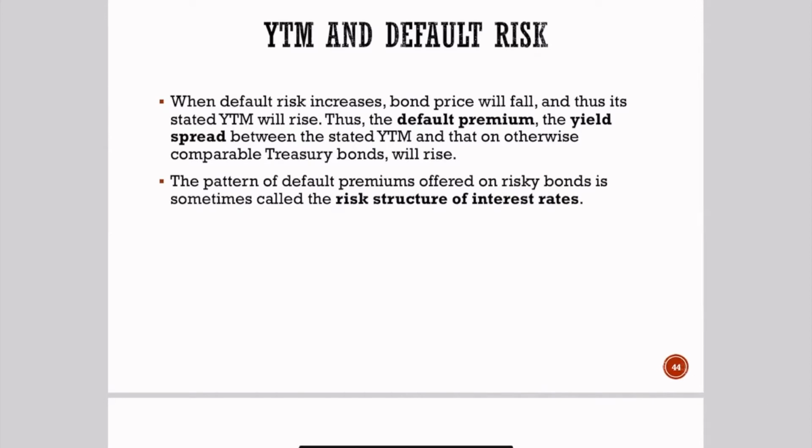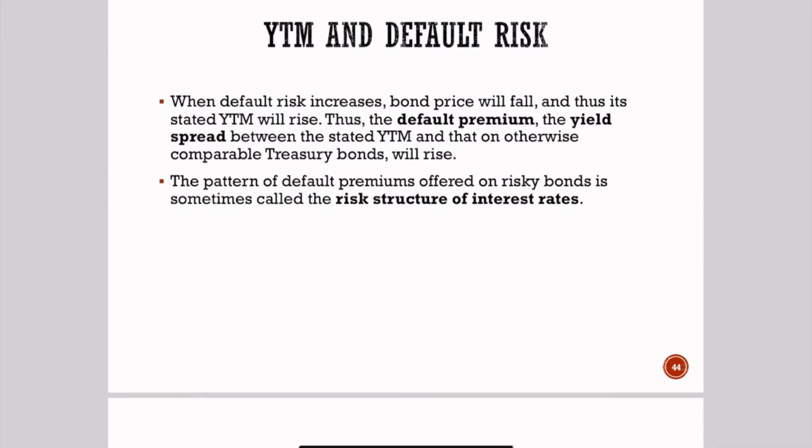Okay, now let's talk about default premium. The result here is sort of like what we have learned about bond price and yield. We know that if yield increases, bond price decreases. It's the same with default risk. If default risk increases, to compensate for this default risk, investors will ask for a higher yield.